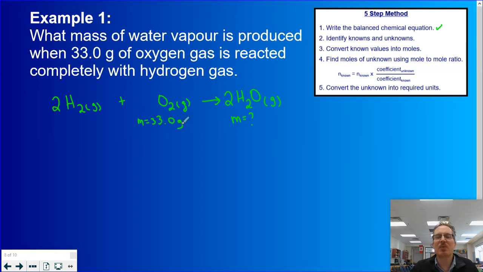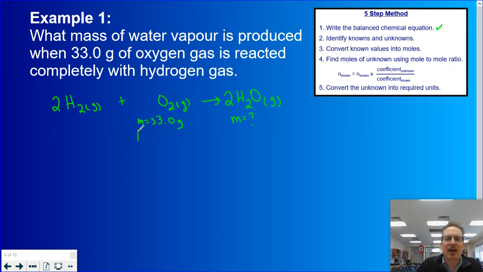Now, this is very, very important. When we're doing this, since I have 2 reactants and a product, I want you to think of this as 3 different categories. If I had any information about hydrogen, I would group it under hydrogen. If I have any info under oxygen, I would group it under oxygen. And same goes for any information about water vapor, I would group it under water vapor. Now, because we're dealing with masses, we don't need molar mass yet, but we're going to have to calculate it.